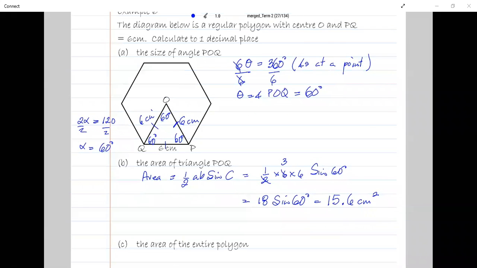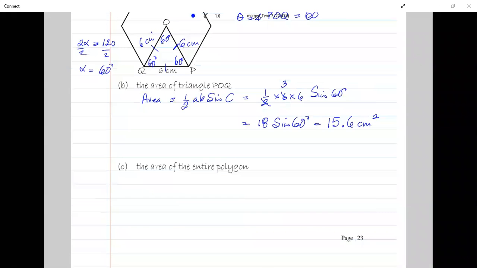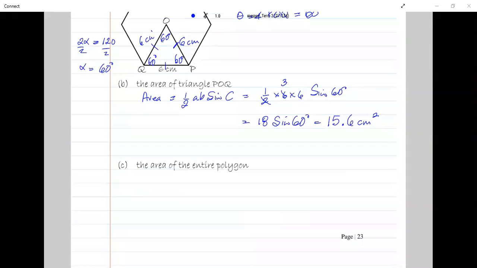The unit of area is always what? Square. All right, now the area of the entire polygon would be equal to 6 times 15.6.